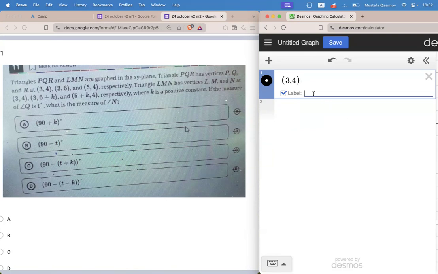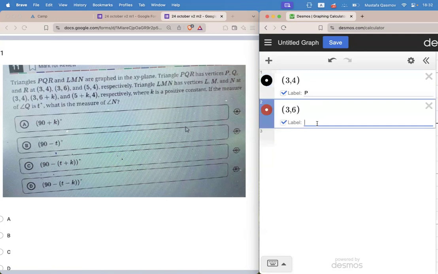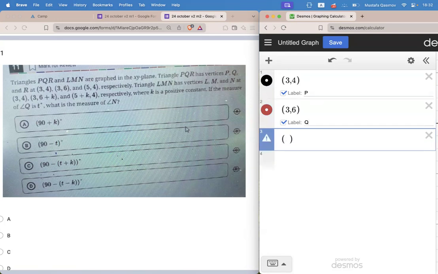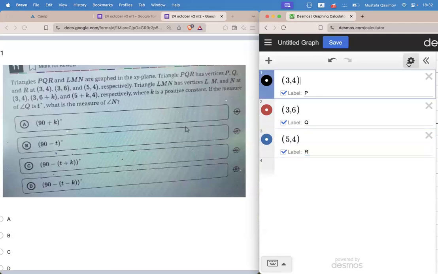It is P. P, Q, and R. And also we have another one. It's LMN. It says L is 3, 4. Same with that one.